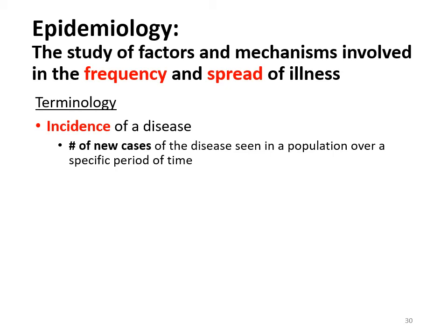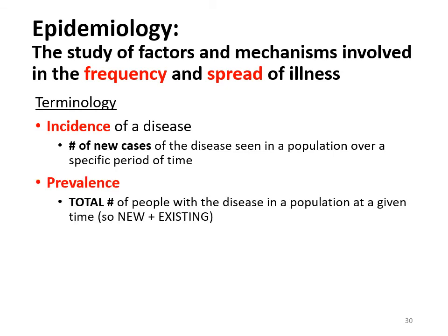The next terminology is prevalence. Prevalence, instead of just the new cases, is the total number of people with that infection. That means any of the new cases plus anyone who already had this infection. So for instance, if those 200 new cases were on top of 500 already sick people with whooping cough, then the prevalence would be 200 plus the already 500 that had it.